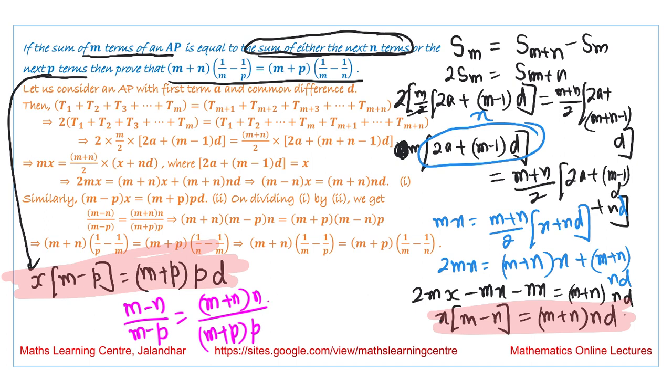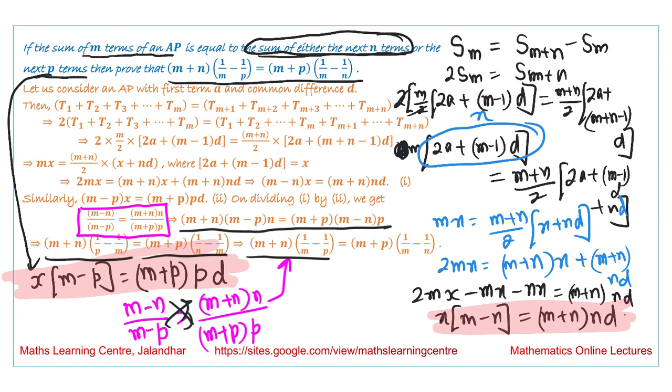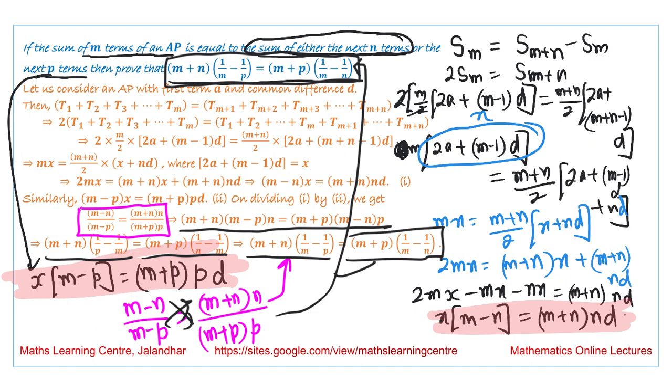Now if we cross multiply and simplify these terms, the calculation is shown over here, and you will obtain the final answer in this form. You can look at these calculations and try on your own to obtain this answer on simplifying.